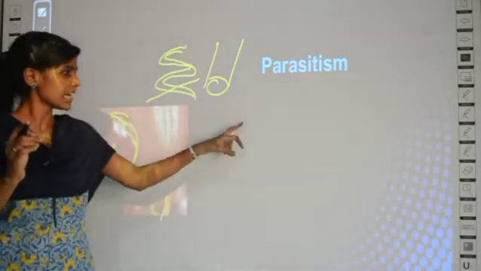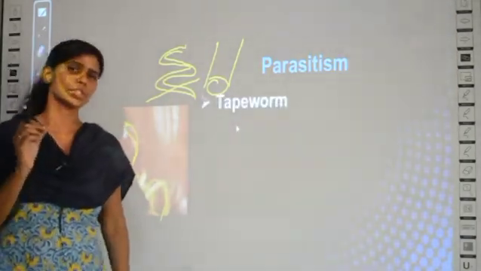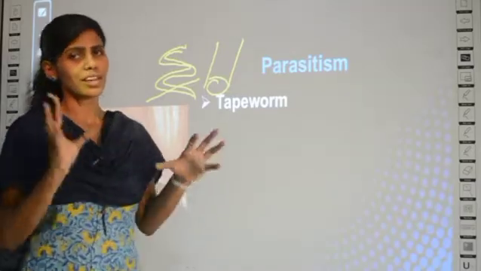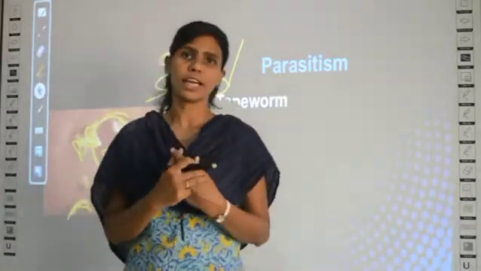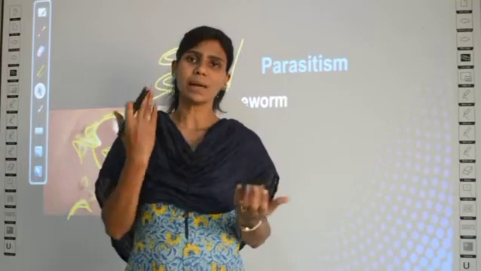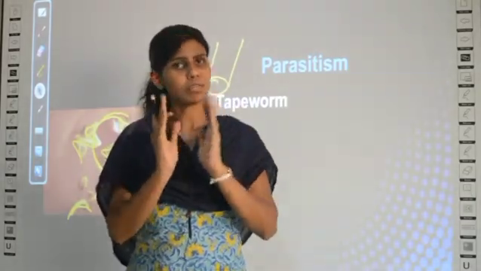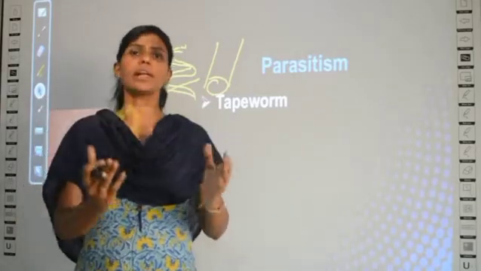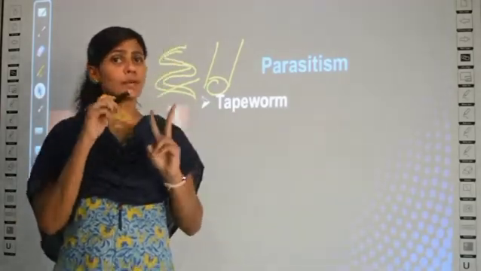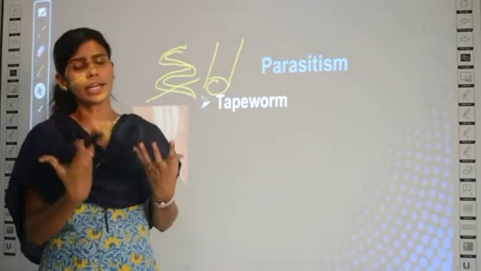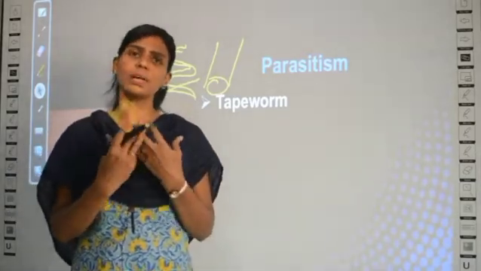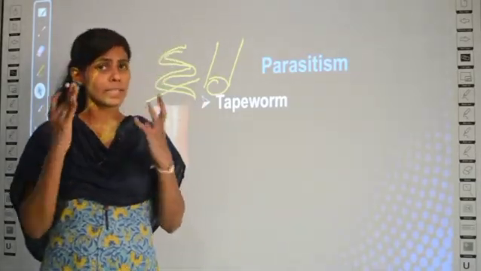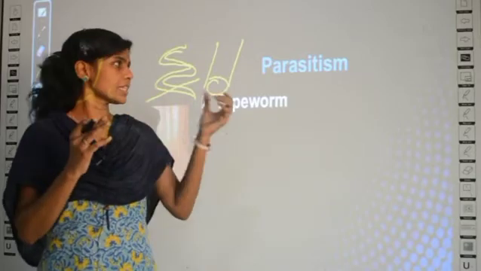So here is the example for a parasitic relationship. Always remember there is not only one example for symbiotic relationship. There are many examples, but I am explaining whatever is given in your textbook. Wherever there are two organisms and both are benefited, you can call it a symbiotic relationship. Similarly, wherever one is affected and the other is benefited, it gets the term parasitism.